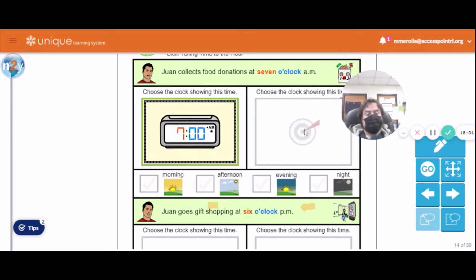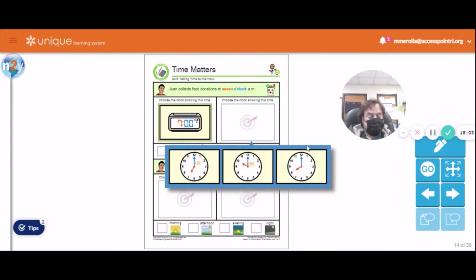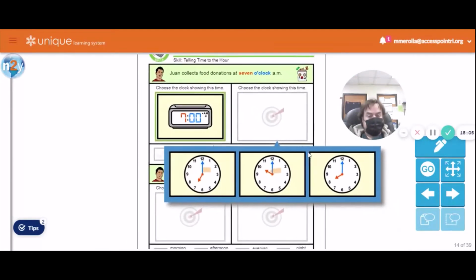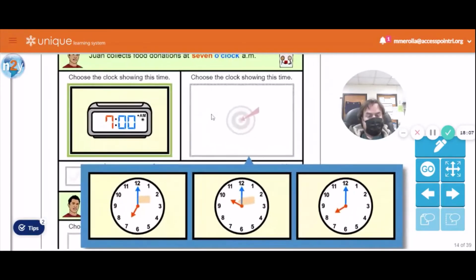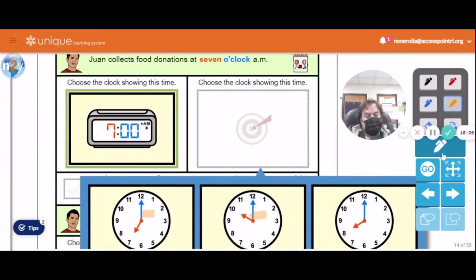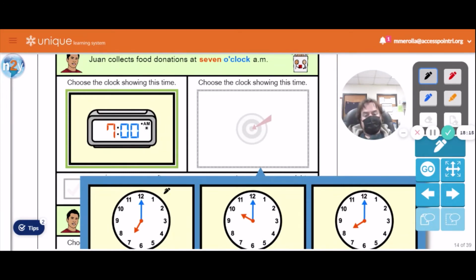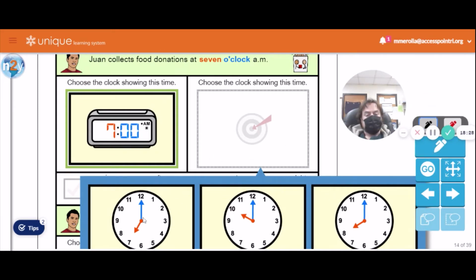Now we got to choose the analog clock showing that time. Okay, which one are we talking about here? Let's get rid of these marks. Now are we talking about this one, or this one? Which one shows 7 a.m.? You said this one.